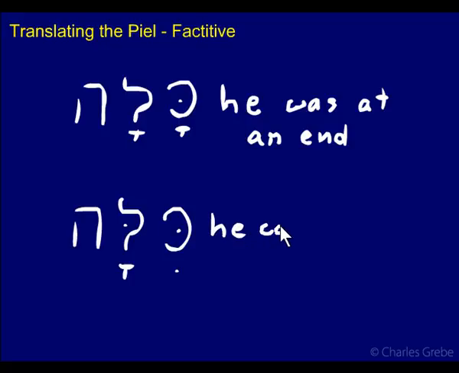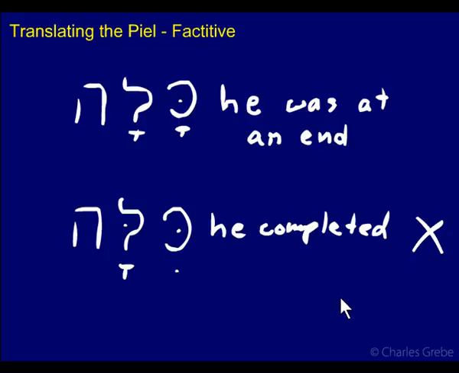He completed the project. Killa. Now this is a lamed-hey verb. It's actually a weak verb. We'll come to that later, but you can still tell that this is a Piel quite easily because you have the hiriq there and you have the dagesh forte here. So again, you have an intransitive here. He was at an end. It's talking about the subject. Here you have a transitive. He completed, and you've got some sort of object out here somewhere.